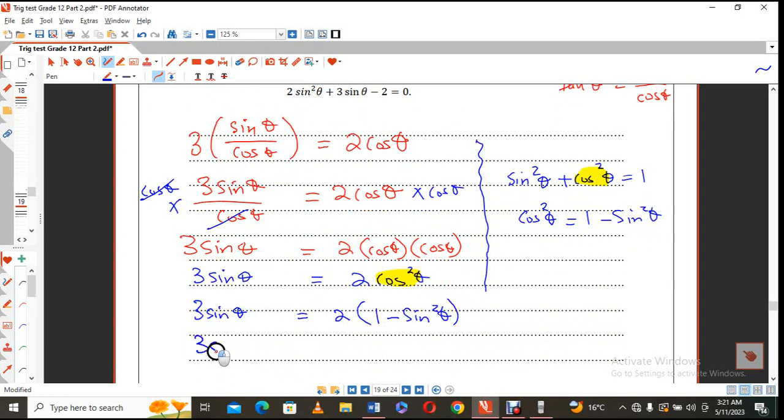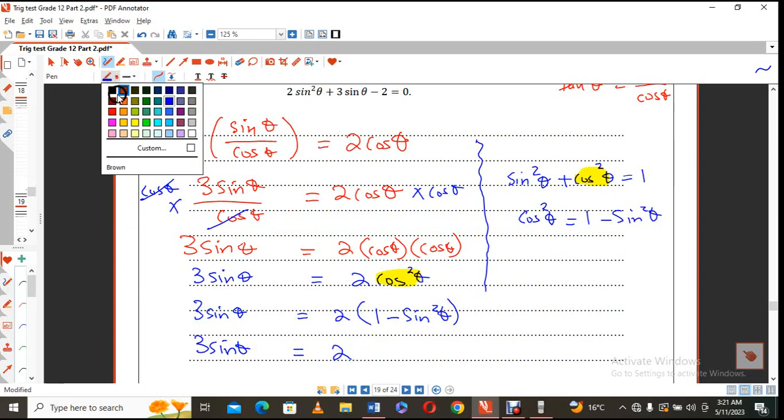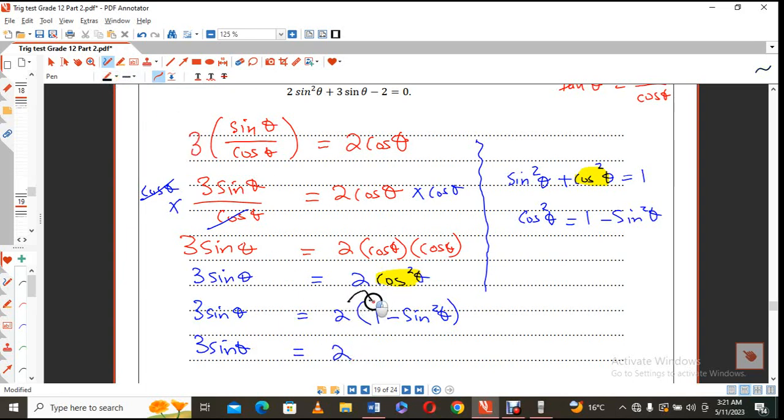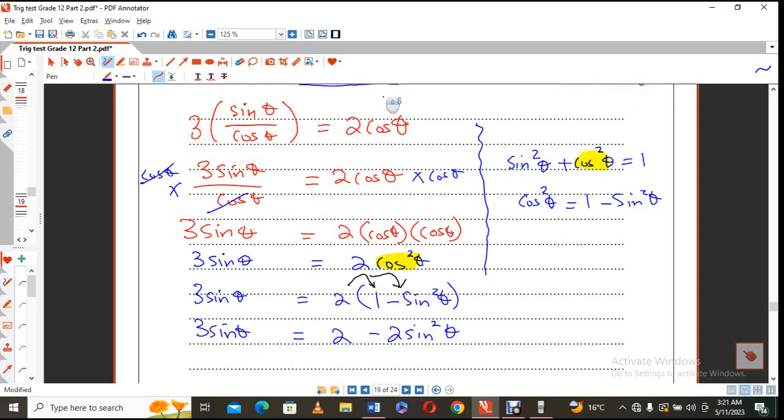Alright, that is 3 sine theta equals 2. If you now multiply that 2, you distribute it over, and you're going to end up with 2 minus 2 sine square theta. And it's very important that you understand why I decide to change it to sine square theta, because the equation I'm supposed to prove is written in sine theta.